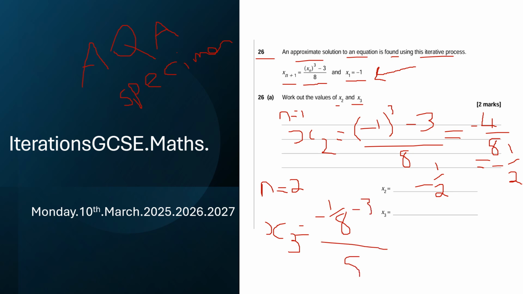So -1/8 subtract 3 is -3 and 1/8, which is -25/8. I'm dividing it by 8, which is the same as multiplying by the reciprocal, 1/8, so we get -25/64.